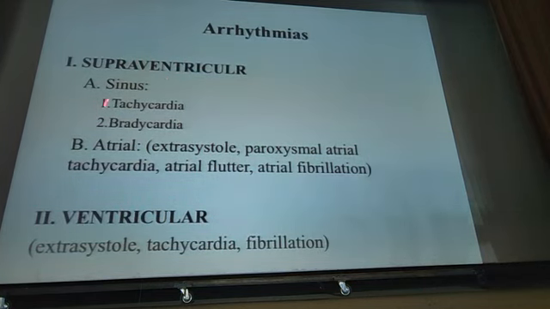Supraventricular could be sinus or atrial. Anytime you hear sinus, it means the wave or impulse comes from the sinus node. It is mostly not dangerous when it comes from the sinus.